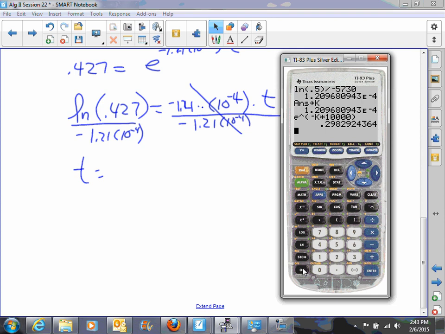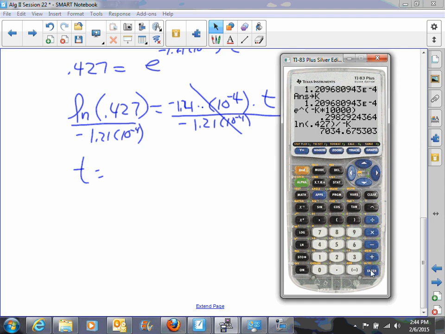So all I need to do to find t is I press natural log and 0.427, close parentheses, divide. Now, I'm going to have to type negative k because I need that negative sign. It's not in the constant already. Okay, there we go.